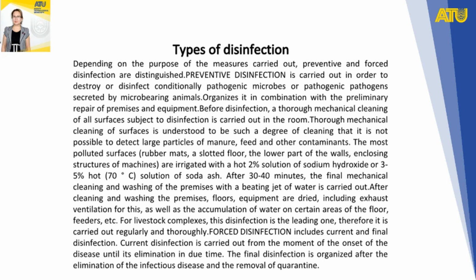After cleaning and washing the premises, floors and equipment are dried, including by exhaust ventilation for this purpose, and accumulation of water on certain areas of the floor, feeders, etc. is prevented. For livestock complexes, this disinfection is the leading one, therefore it is carried out regularly and thoroughly.